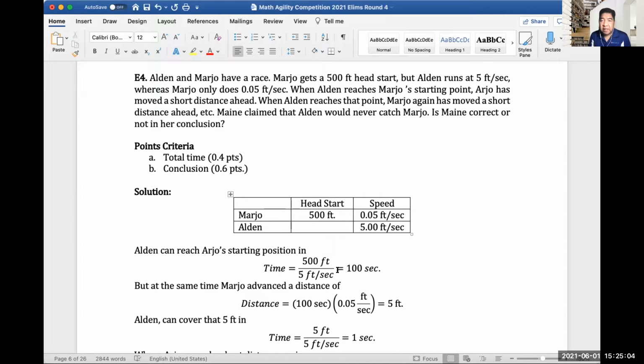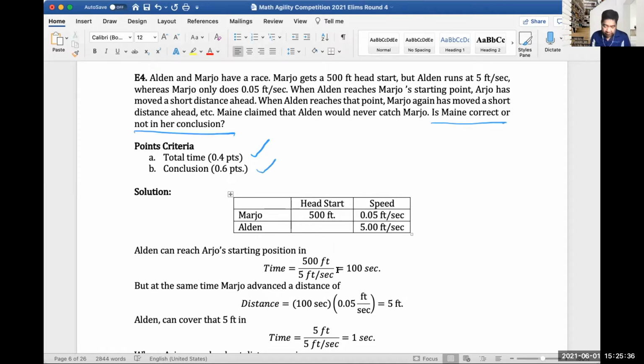When Alden reaches that point, Marjo again has moved a short distance ahead, and so on and so forth. Main claimed that Alden would never catch Marjo. Is Main correct or not in her conclusion? The question requires us to solve the total time. And for B, what's our conclusion? Is Main correct or not? That's the second question we need to answer based on our calculation.